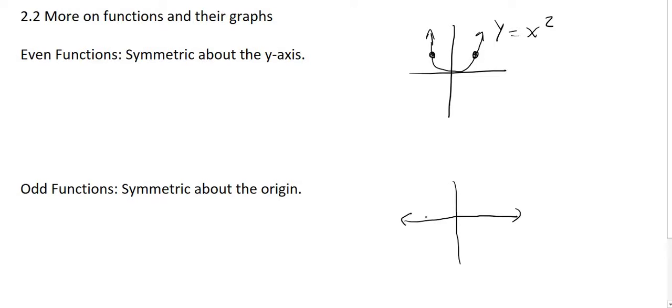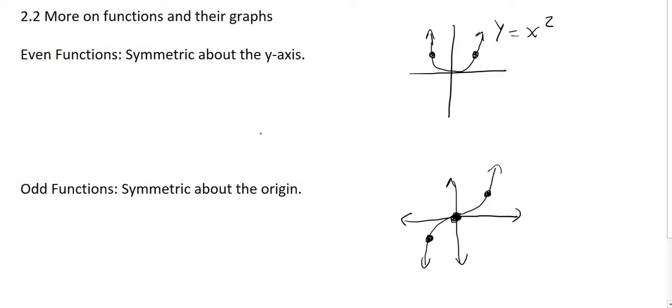If you took y equals x cubed, it does this sort of thing, where it's symmetric about the origin. Every point that gets mirrored through the origin shows up down here. So there are corresponding points on opposite sides of the origin.